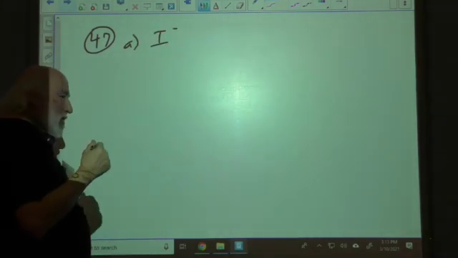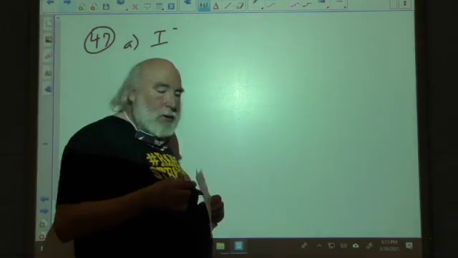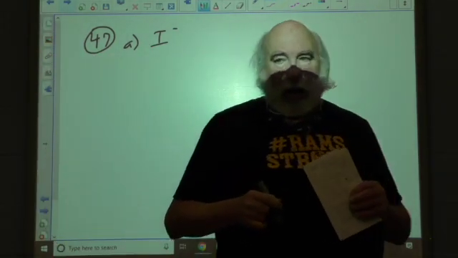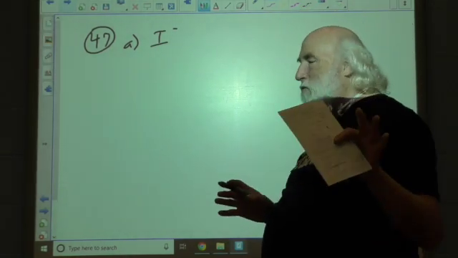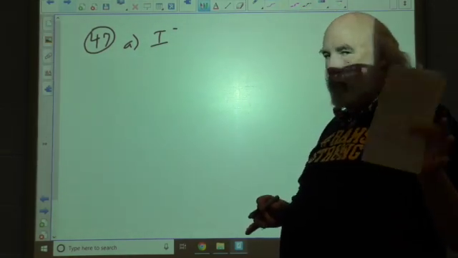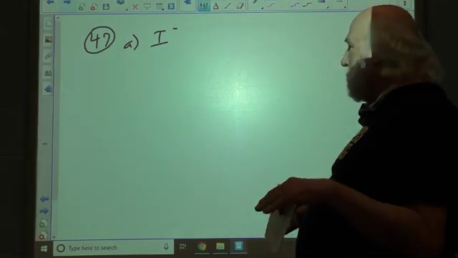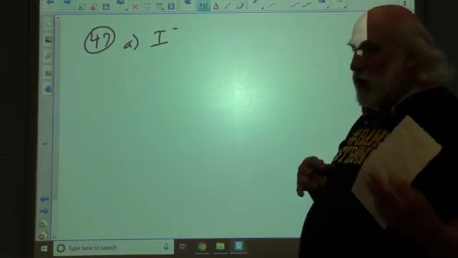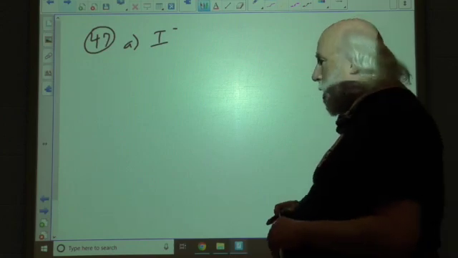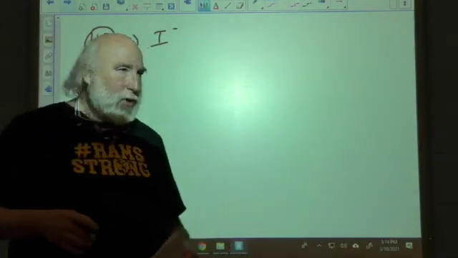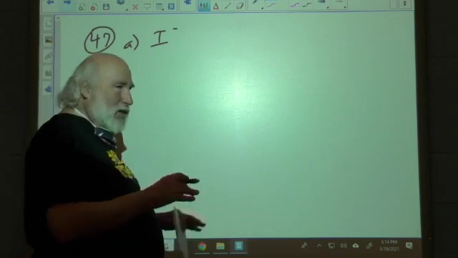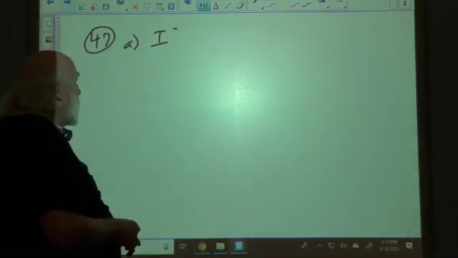Now, this is a Bronsted-Lowry base. Actually, I should be a little bit more definitive than that. It is a Lewis base, but it is also considered a Bronsted-Lowry base. You can have both, just like Bronsted-Lowry and Arrhenius can have the same semi-definition of acid and base.